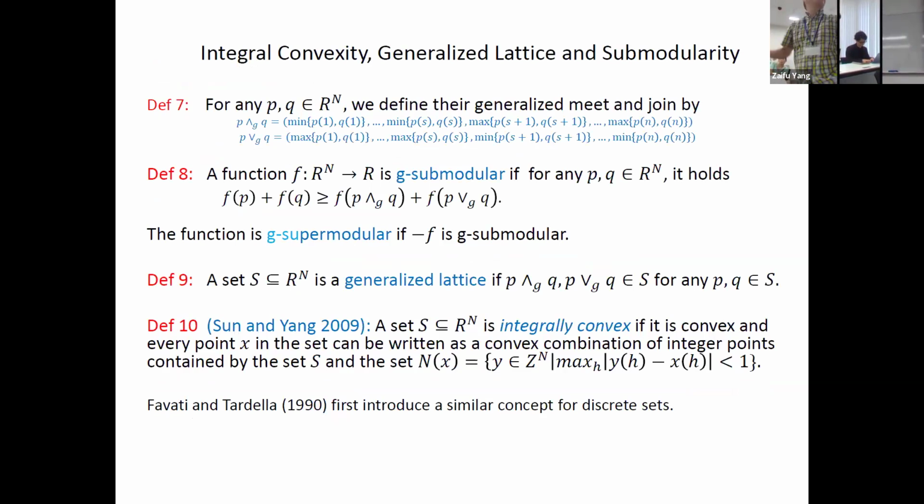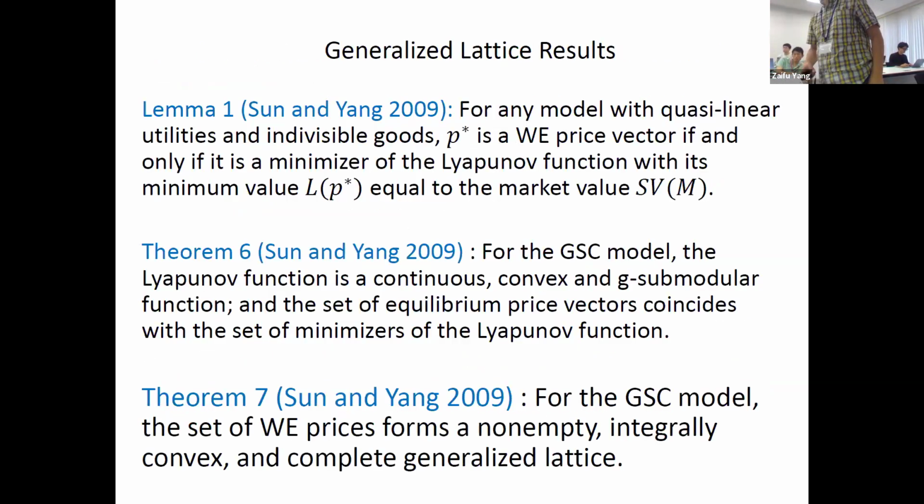We also define the so-called generalized lattice and also generalized submodularity. For this market, we can still have a kind of lattice structure. I will not spend too much time on that, but will just briefly look at some statements.